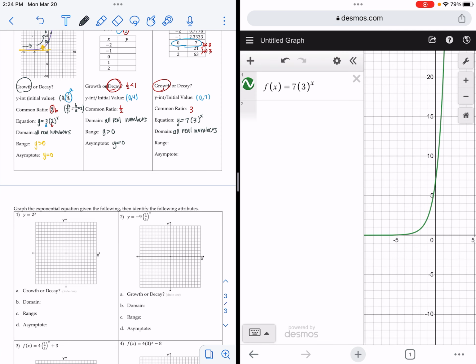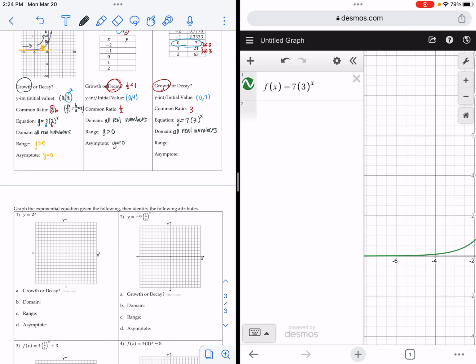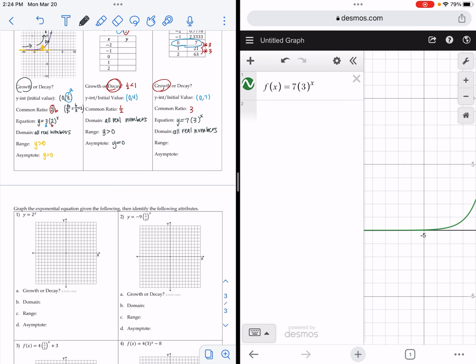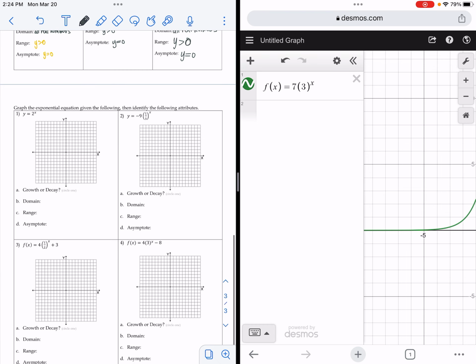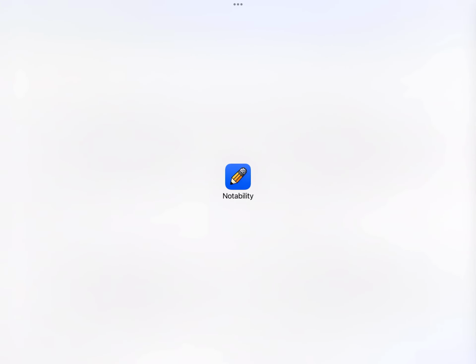There's our graph. It is clearly growth. Our flat line is at 0 once again, usually the case. And then this green graph is above that flat line.